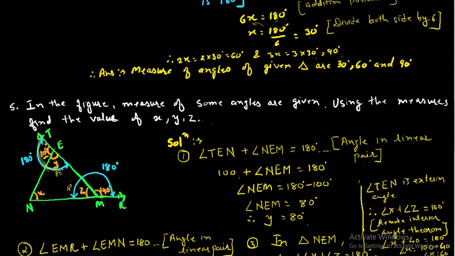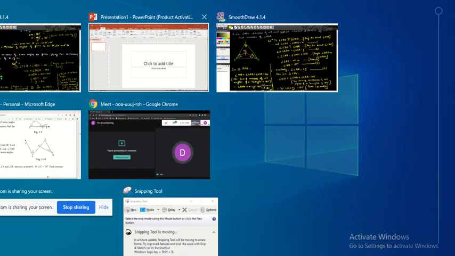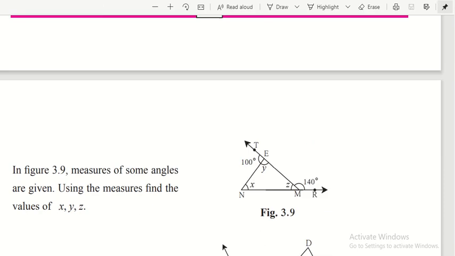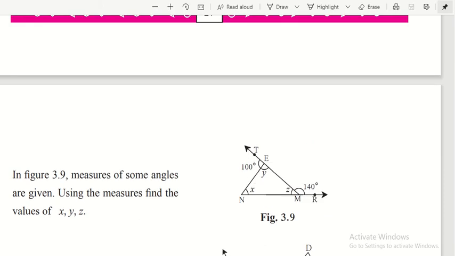Here in the diagram, see in the textbook, the exterior angle is given, that is 100 degree, and here another exterior angle is given, that is 140 degree, and we have to find x, y and z.